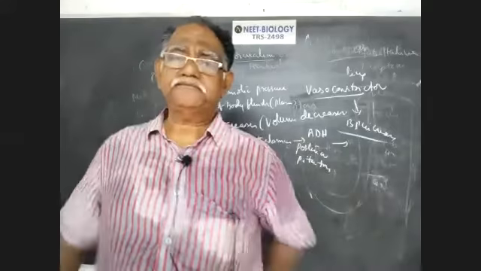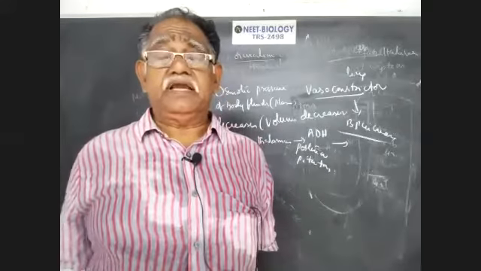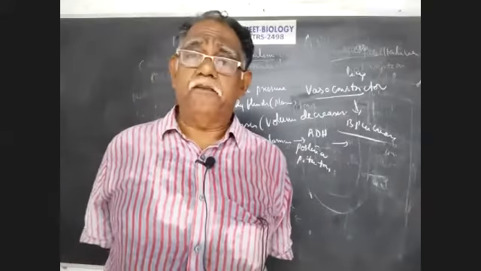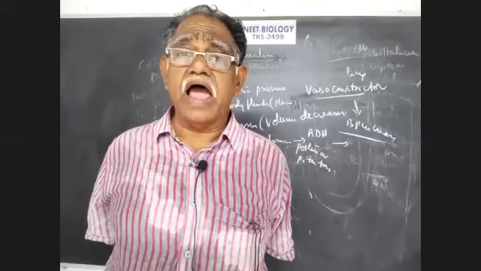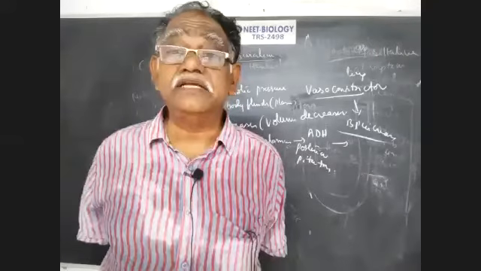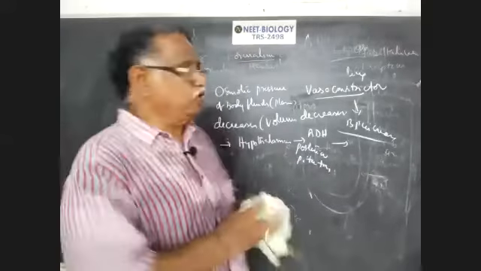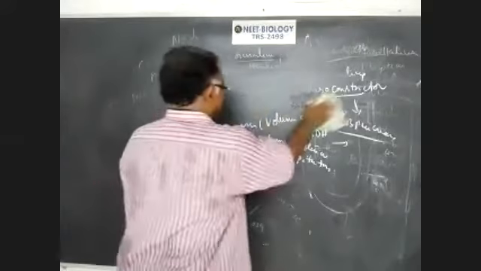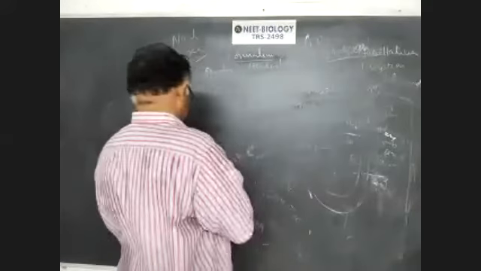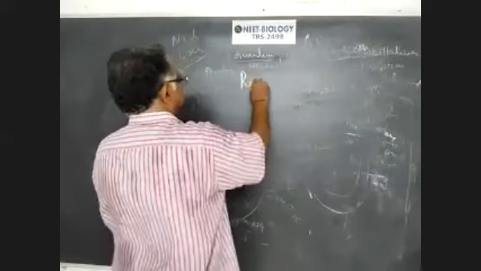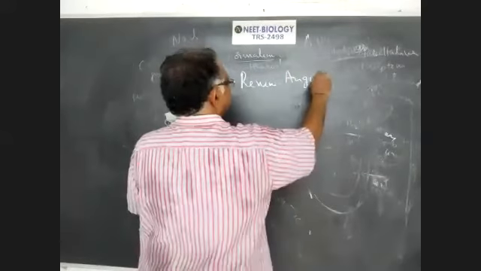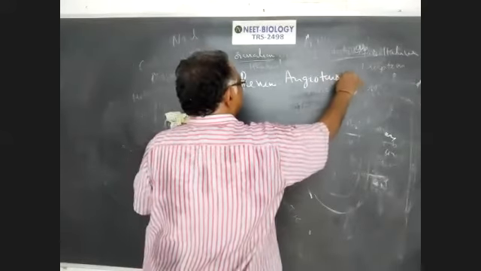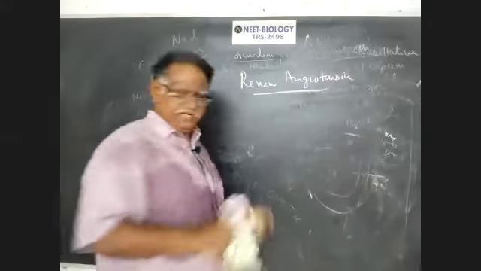Another one: in the kidney there is a mechanism called the renin-angiotensin mechanism, in regulating the function. What is it?